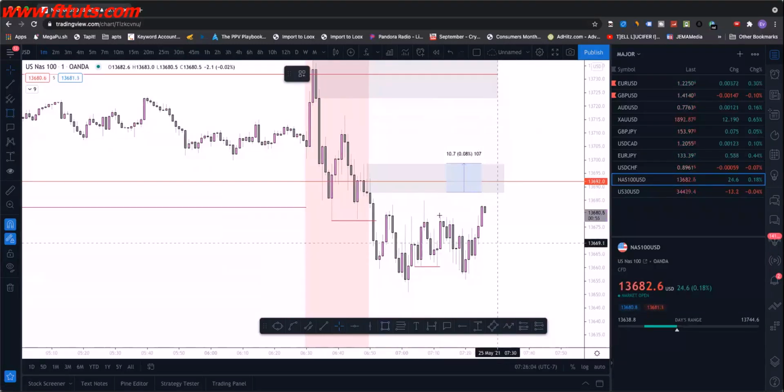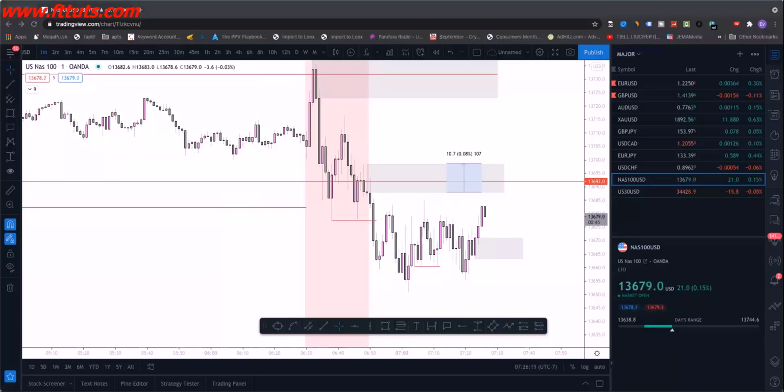Okay, so as it's closing above those areas, I'm looking for a buy down here like this. So putting a limit here. Then I can catch the move up to here and then exit quick.